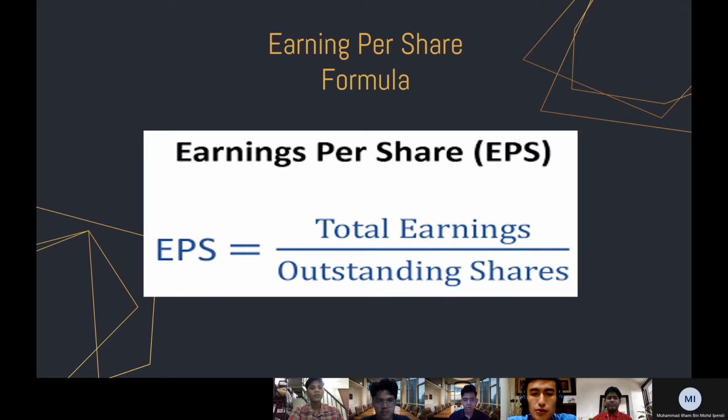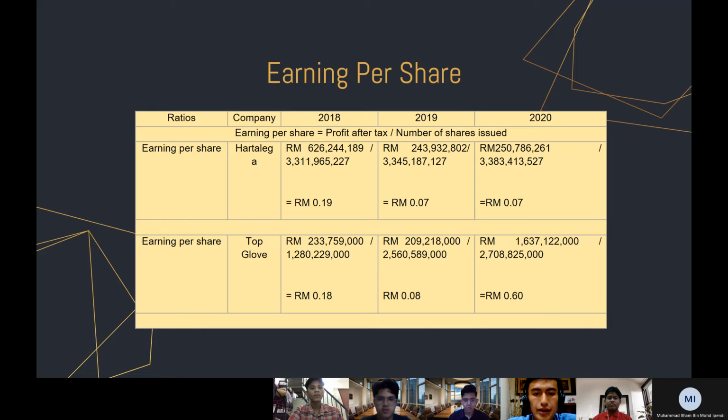Alright, so this is the formula of the earning per share, which is total earning or profit after tax divided by the number of shares issued or outstanding, right? So this is the calculation of the earning per share for both companies, Hartalega and Top Glove.